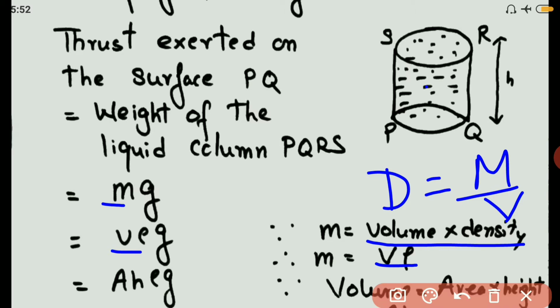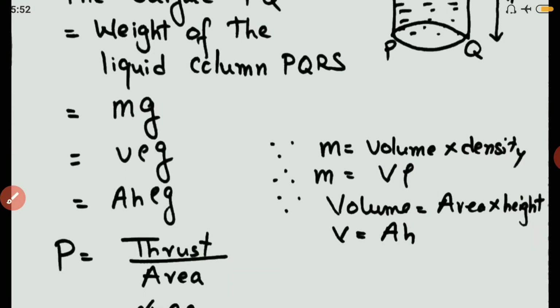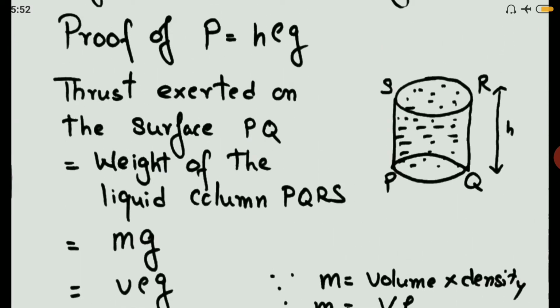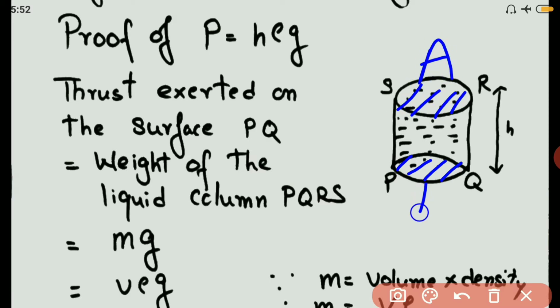Now coming to its next expression, here I have written A h rho g. Now you know volume should be equal to area into height. If A is the area of the liquid column, and A here and A here should be the same, then volume should be equal to this area multiplied by this height, so A into h.